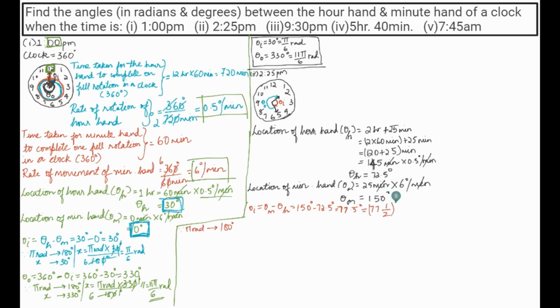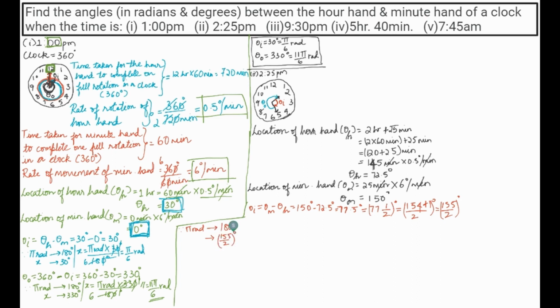When we convert it into a fraction, we get 154 plus 1 divided by 2 degrees, which is equal to 155 by 2 degrees, which will be easier to convert to radians. That is 155 divided by 2 degrees.